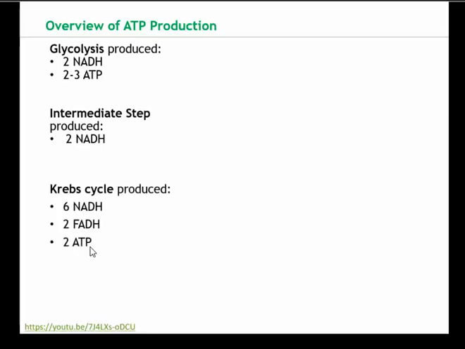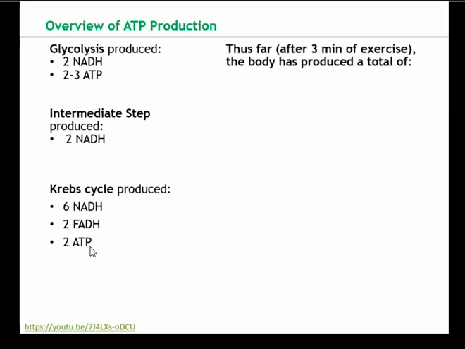And then in the Krebs cycle, we produce 6 NADH, 2 FADH, and 2 ATP from 2 turns of the cycle. So thus far, we've only been exercising for about 3 minutes. The body has produced a total of 4 to 5 ATP, 10 NADH, 2 FADH.